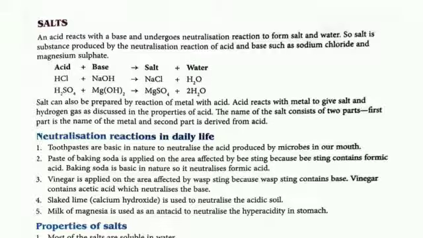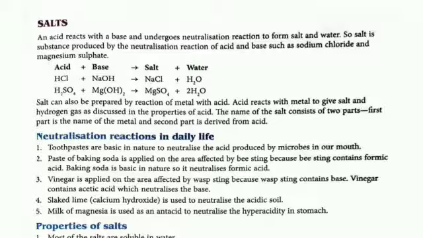Okay. Second, paste of baking soda is applied on the area affected by bee sting because the bee sting contains formic acid. Bee sting contains formic acid, that is acid. So to neutralize the acid, we use a base, and we know baking soda is a base found in our home.